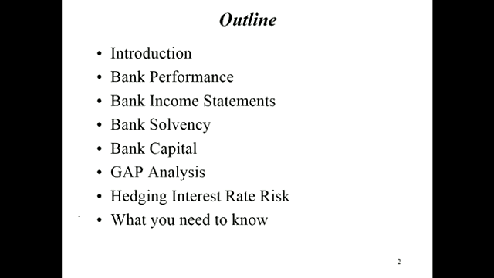If you remember back to the section on bond pricing and interest rate risk, we covered durations. If you're a little hazy about what they are, how you calculate them, and how you use them, it may pay to brush up on that before we get to the gap analysis, because we do use the duration there in understanding the risks that the bank faces. Then there's the hedging of interest rates. Basically, this is how they can hedge, either using derivatives or some other methods of hedging. And then, of course, the final slide.